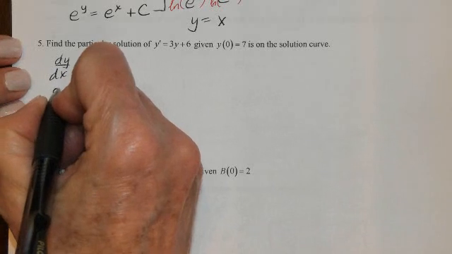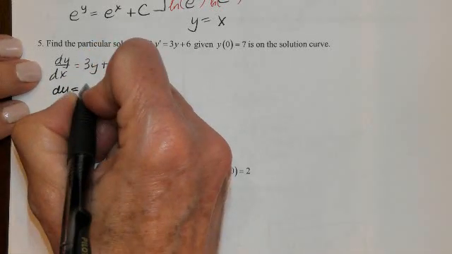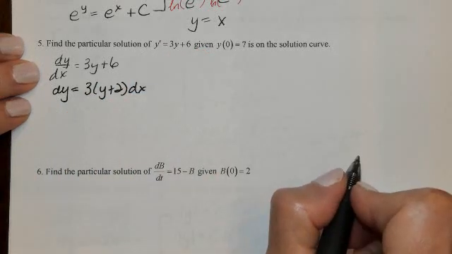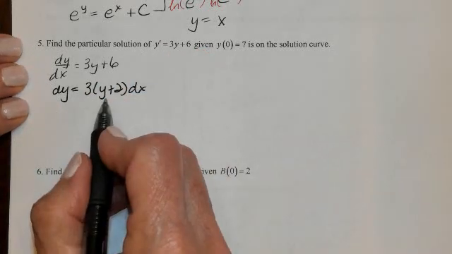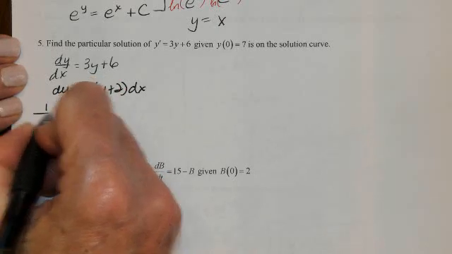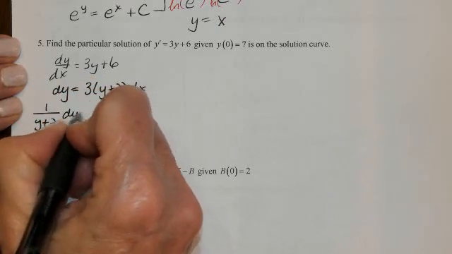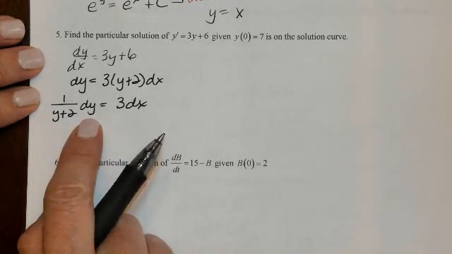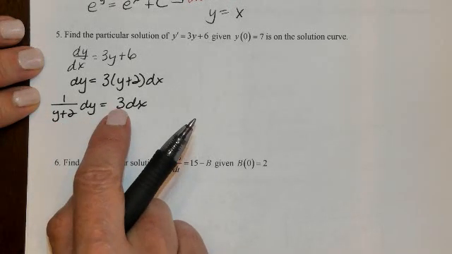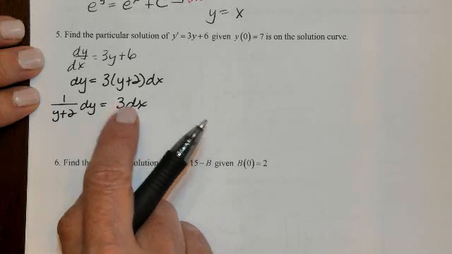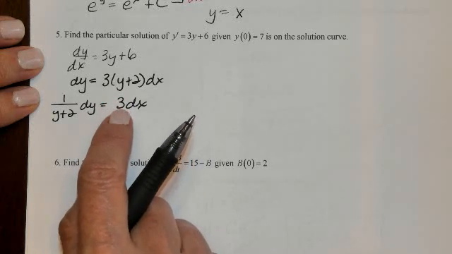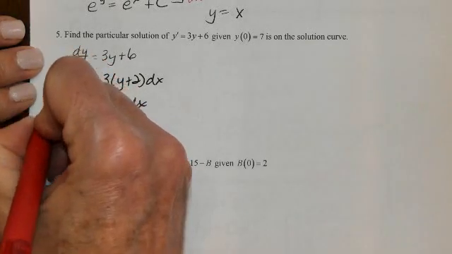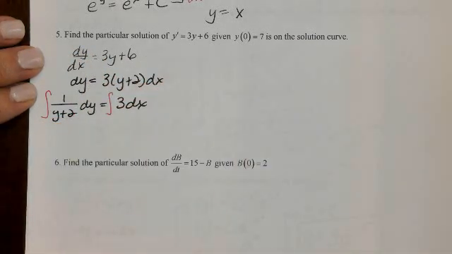I am multiplying both sides by the dx, and I'm going to go ahead and factor out a 3. Now I'm going to divide both sides by y plus 2. Function of y times dy is equal to a function of x times dx. A constant can be considered a function of x or y, right? So either one. It is separated, so now we integrate.